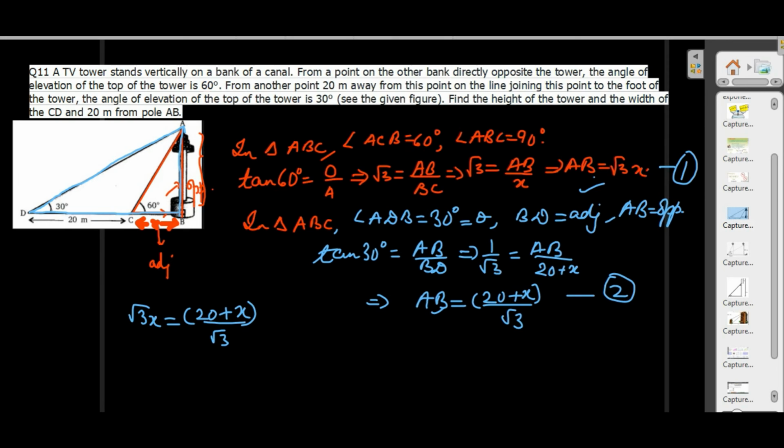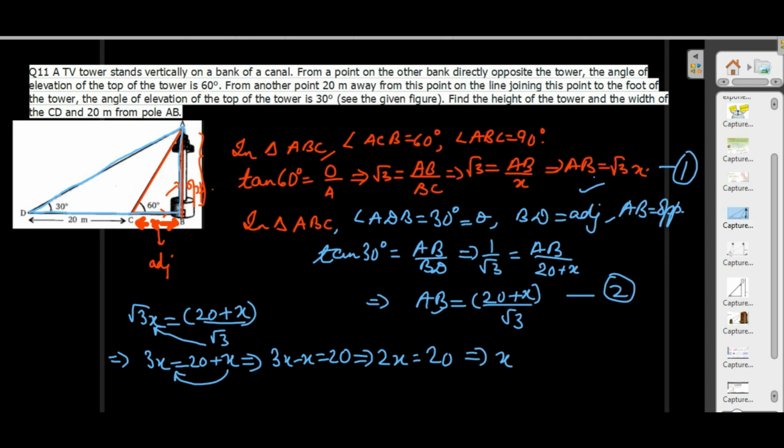That means they should be equal. Now on cross multiplying, root 3 will get multiplied, so it will become 3x is equal to 20 plus x. So 3x minus x is equal to 20. This gives you 2x is equal to 20.